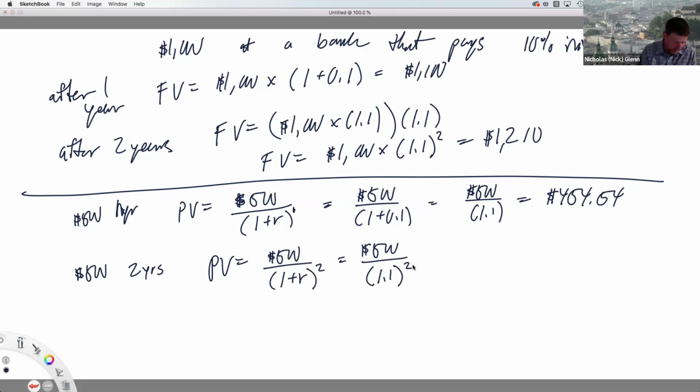And so what will this be? 500 divided by 1.1 divided by 1.1. And so it's only worth $413.22 now. Okay, so its present value is even less now. And that's because it's even further off where you get to use it. All right, the further away it is, the more you're going to discount this $500.